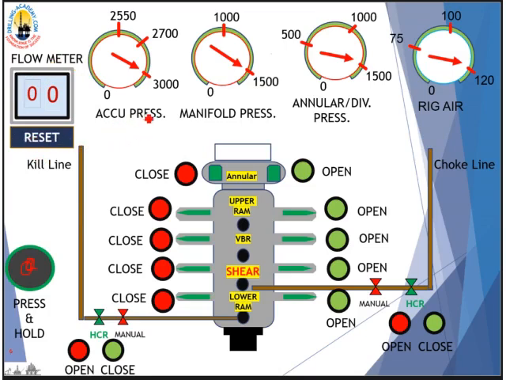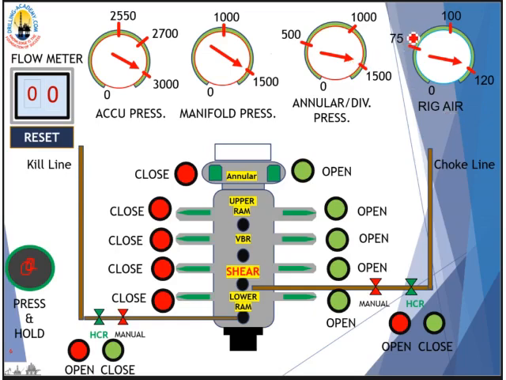We have the accumulator pressure gauge, which is supposed to be at 3,000 psi. The manifold pressure gauge is supposed to be at 1,500 psi if you choose low on the high-low bypass valve. The annular diverter pressure gauge is set in the range of 200 to 1,500 psi, so it is wherever you last set it.